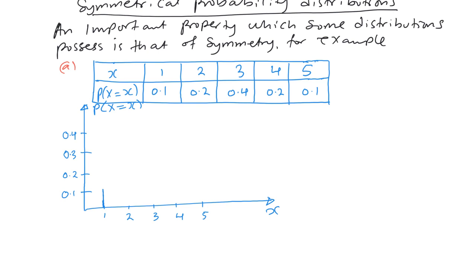Then 2 has 0.2, so from 2 go a vertical line till we get to 0.2. 3 has 0.4, so 3 goes all the way up to 0.4. 4 comes back to 0.2. Then 5 is the same as 1, which goes to 0.1.